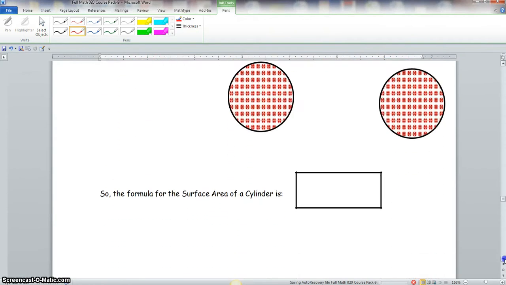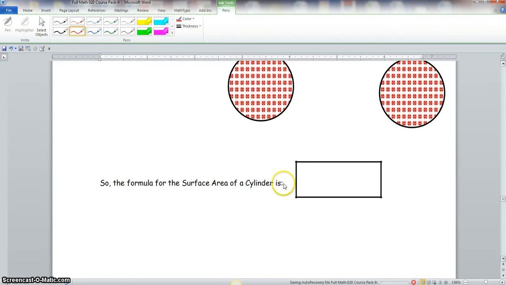Okay. So now it says, the formula for the surface area of a cylinder is, now remember, we can look at our formula sheet, and the surface area for a cylinder is 2 pi r squared plus 2 pi r h.